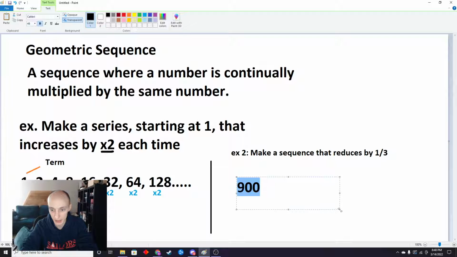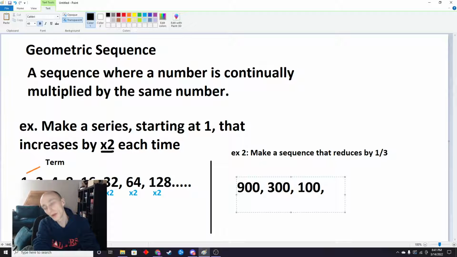Well, 1/3 of 900 is going to be 300. And then 1/3 of 300 would be 100. And then 1/3 of 100 would be, it's going to be kind of ugly here, 33.333 repeating. And then so on and so forth. We could go on and on.